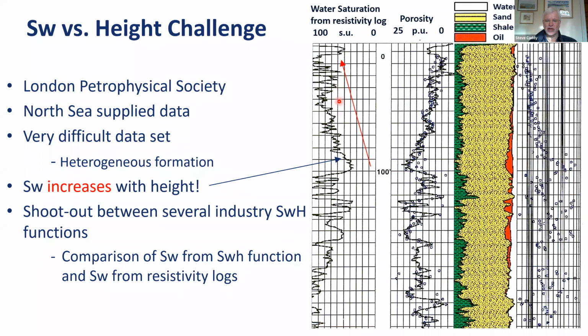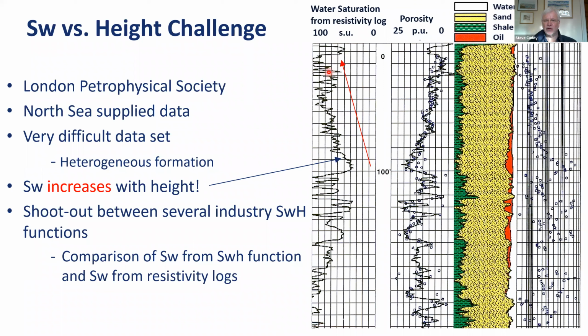Now, the water saturation, as derived from the resistivity log, is shown in this column here. And those who've seen water saturation before know that generally the water saturation decreases with the height above the free water level. But in this case, the water saturation in this real well actually increases.